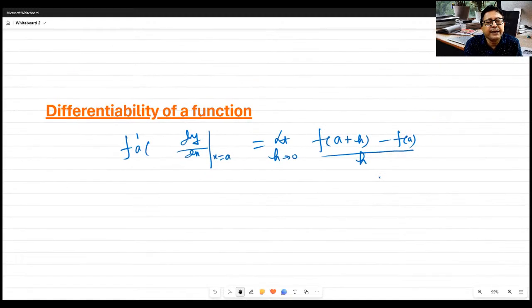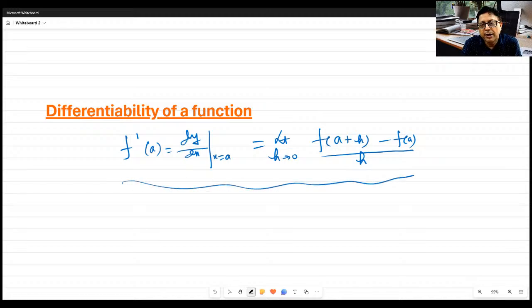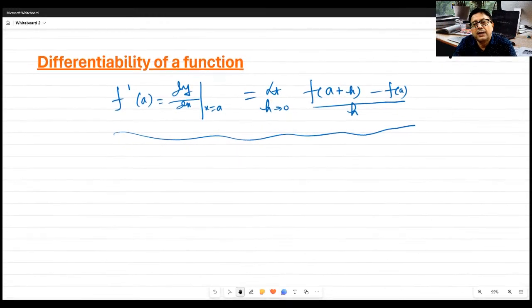F dashed a means dy by dx at x equal to a. So at x equal to a, the derivative exists if the limit on the right hand side exists. Am I correct?